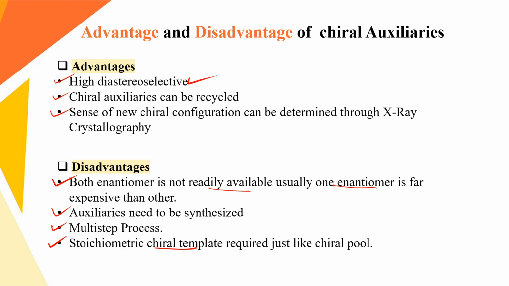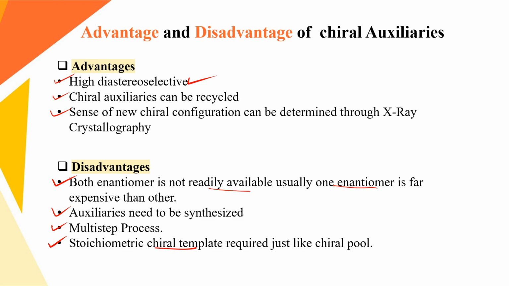So it is an upgradation, but also with certain limitations. Like for the chiral pool, the complete chiral compound is transformed via functional group incorporation to get the product. Here the synthesis of chiral auxiliaries requires a chiral pool synthesis, followed by which it actually serves as an auxiliary. So this is also a kind of disadvantage.